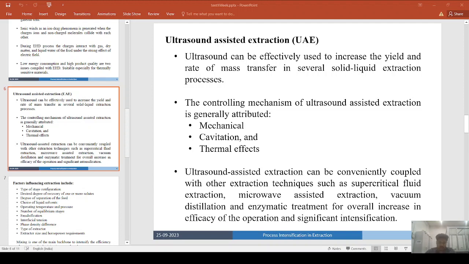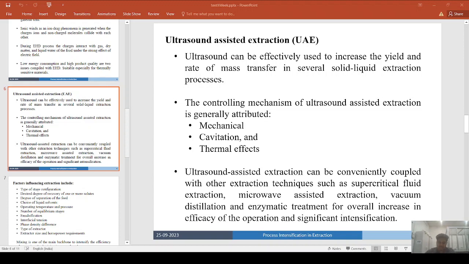Another example is the extraction of rutin and quercetin from Euonymus alatus seed, which was done using an ultrasonic bath operated at about 50 kilohertz. There was a significant 4-fold reduction in the extraction time and improvement in yield.